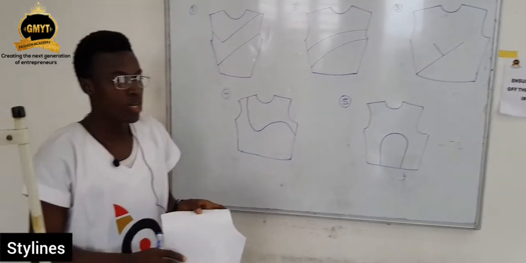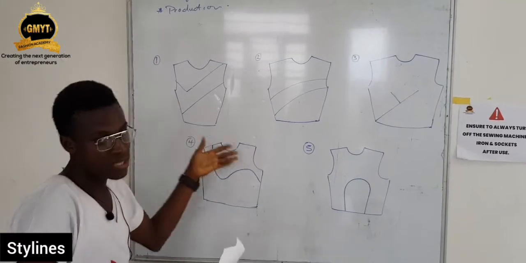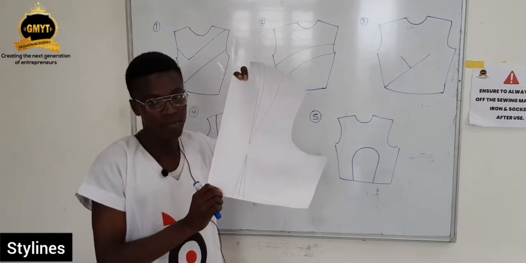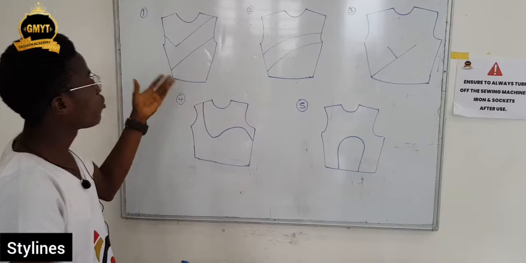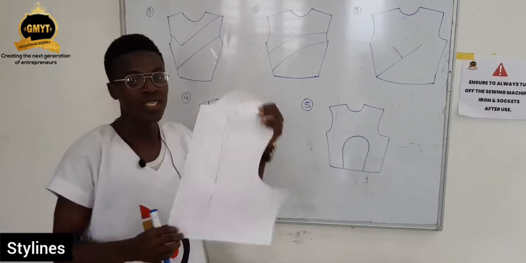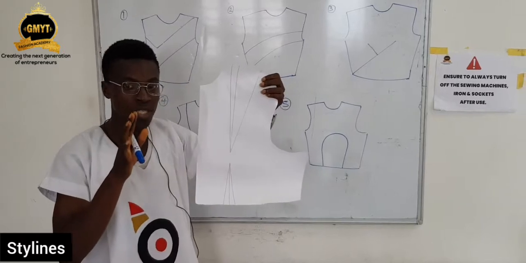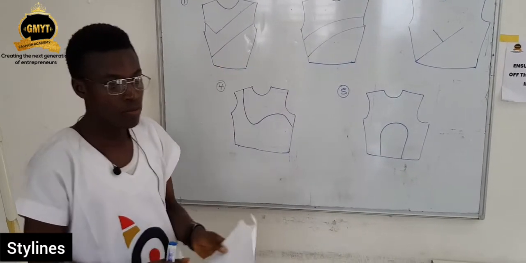So now we go through the practical aspects. But you need to understand that when you are working with symmetric designs, that is the only way you can use these half bodies here. But when you are working with asymmetric designs, it means you'll be using the full bodies. It means you need a full front of your bodies in order for you to achieve your asymmetric designs.